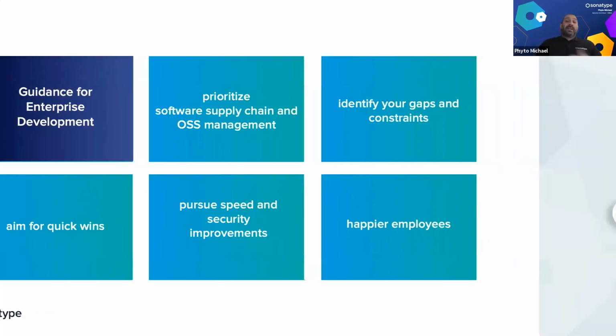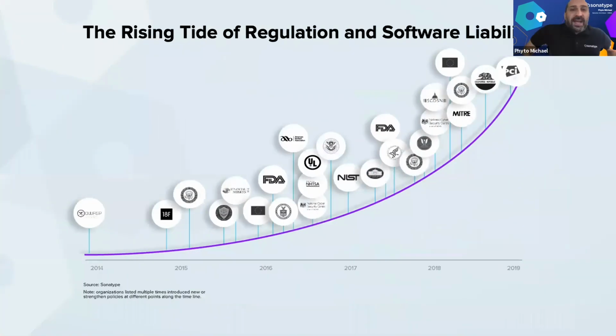But all that's great. What makes it slightly more complicated, particularly for the financial industry, is the regulation and software liability curve. There's a timeline there for the past 6 years, and the amount of regulations and processes that companies have to adhere to has grown exponentially.